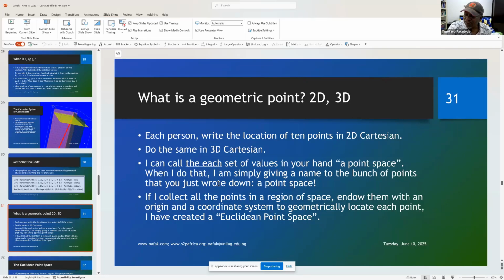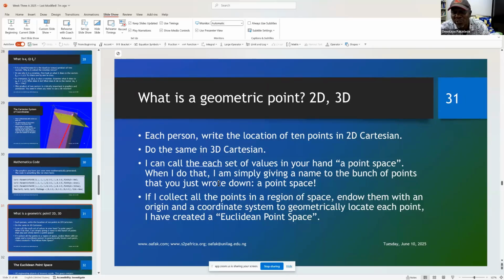That is very useful for a simple fact that every engineering item that you are interested in will be located in some kind of Euclidean point space. It doesn't matter what it is. If it's a motor vehicle, if it is a phone, if it is a beam, if it is a chair, if it is some equipment, if it is a photocopier, if it is a pen, it doesn't matter.